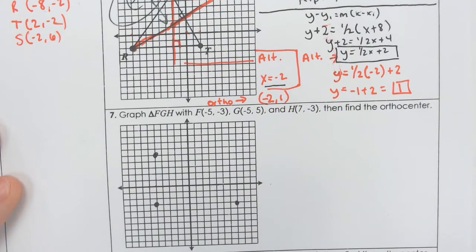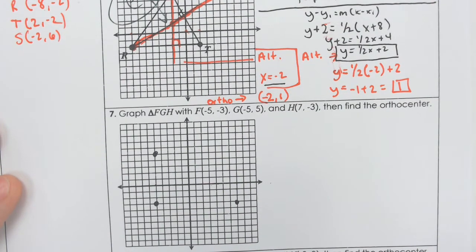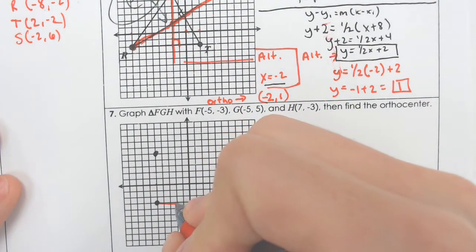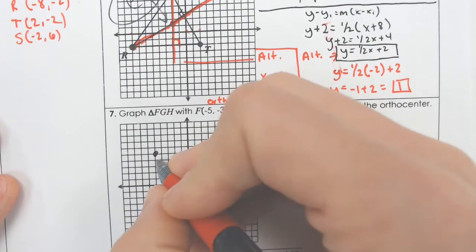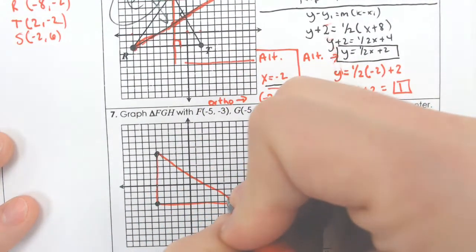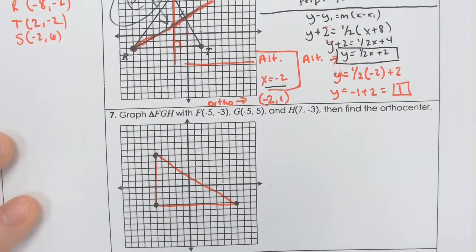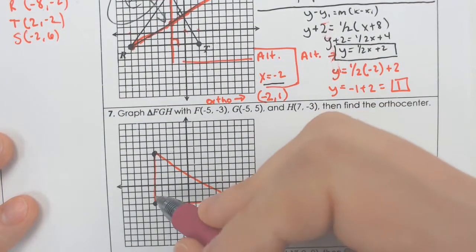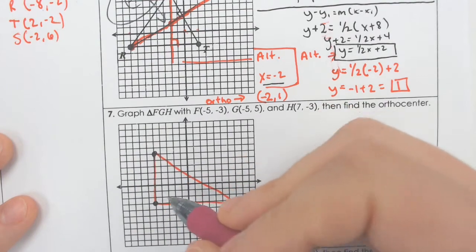So this is looking like it's going to be a right triangle when I look at it. We got two different perpendicular sides here. So I am most likely going to want to use these two sides.